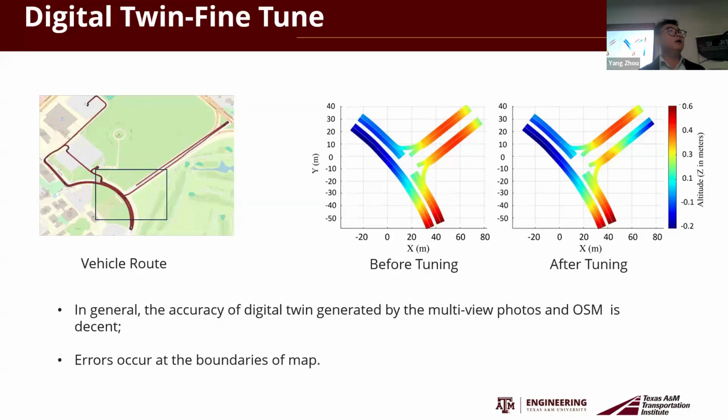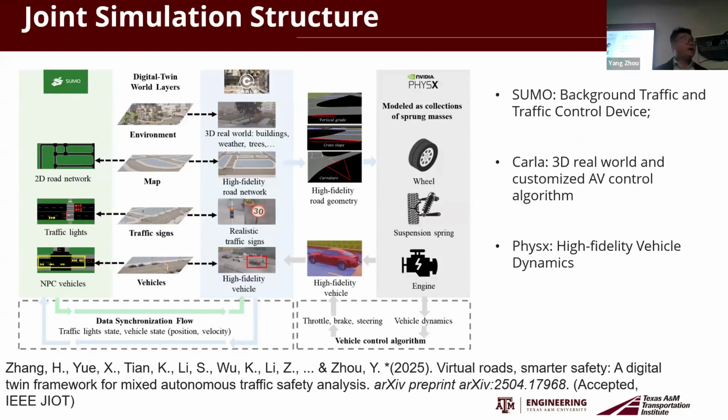So given the background, what we are going to do is put the vehicles inside, and specifically we want the vehicles to have very high-fidelity physics. That's why we developed this joint simulation structure, which has three components: SUMO, CARLA, and PhysX. If you are a simulation person, you may know the SUMO and CARLA co-simulation developed by UCLA recently.